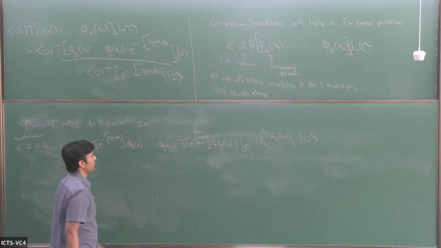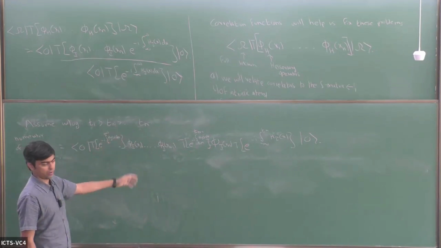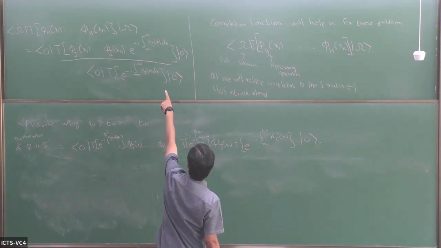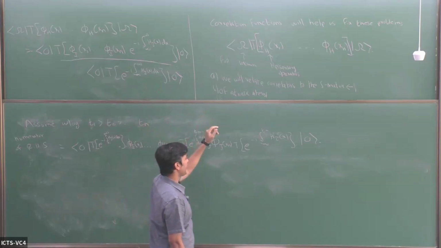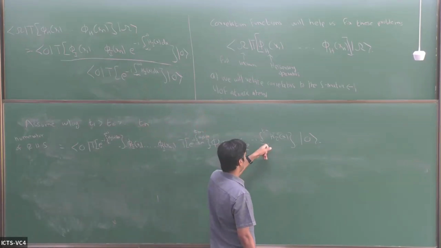Is the structure clear? You see what happened here? The phi's, we already know how they should be ordered. The time ordering of this last guy got split up into n different parts. On the absolute right, you have the times smaller than xn, everything from minus infinity to tn, so you get the time ordered product from minus infinity to tn.